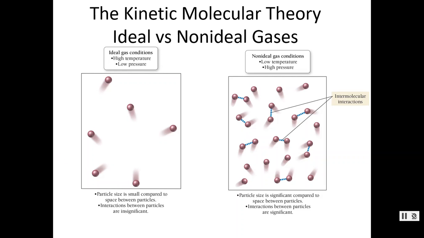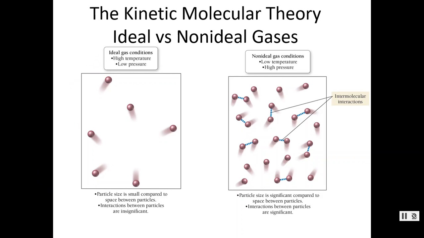When we say high temperature and low pressure, we mean something around room temperature, and low pressure something around atmospheric conditions. So those assumptions about particle size and interactions between particles are reasonable, and most gases behave ideally. We can use the ideal gas law and those associated equations to calculate specific parameters about that gas.